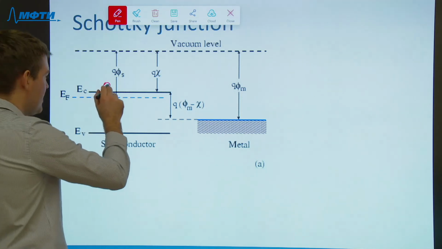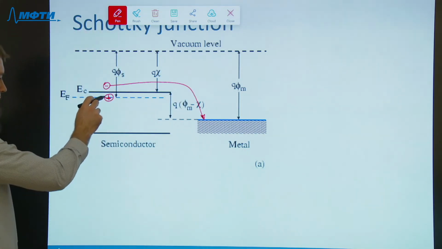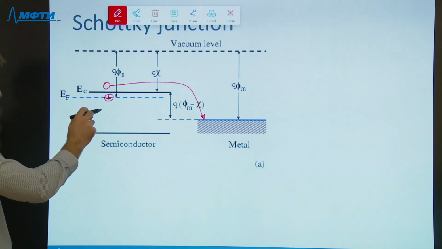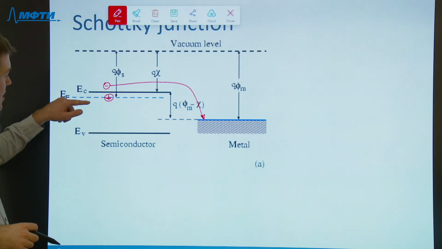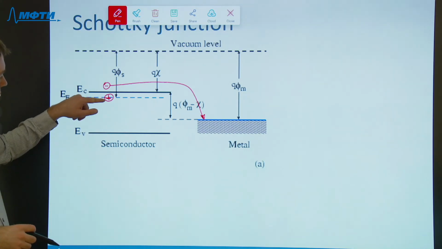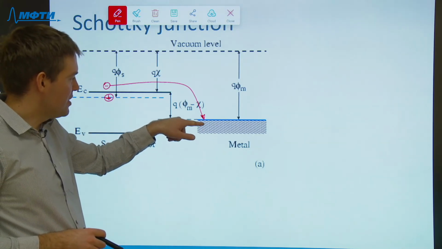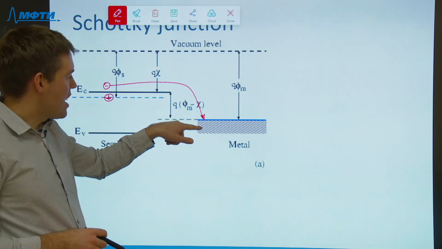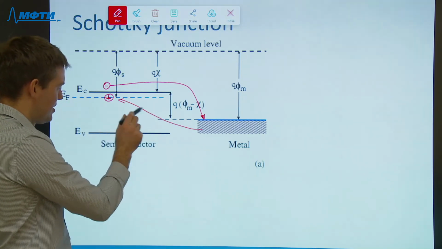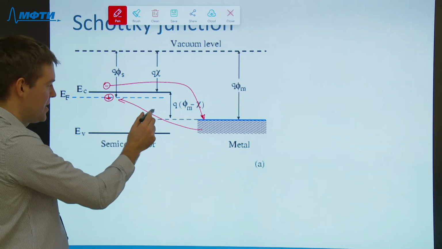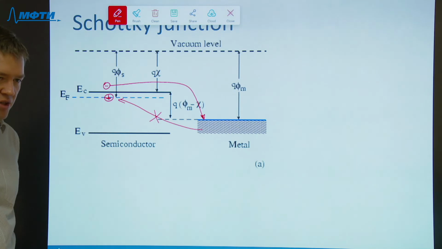And if an electron goes into the metal, it leaves an empty donor behind. So in the initial situation, this empty donor is above the Fermi level in the metal, and it doesn't get populated back by an electron from the metal because it requires an increase in energy.